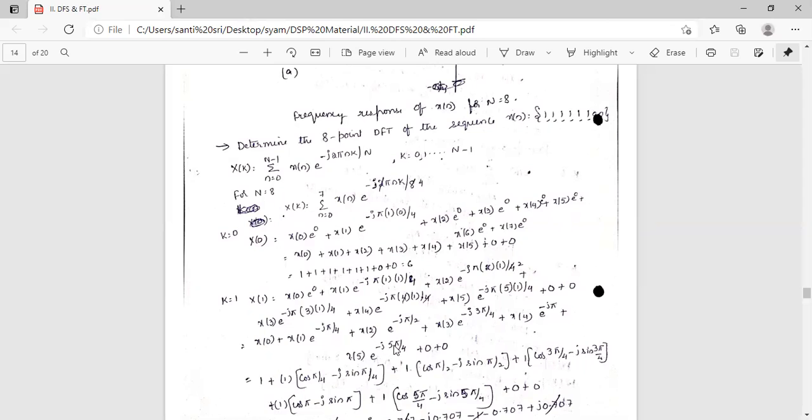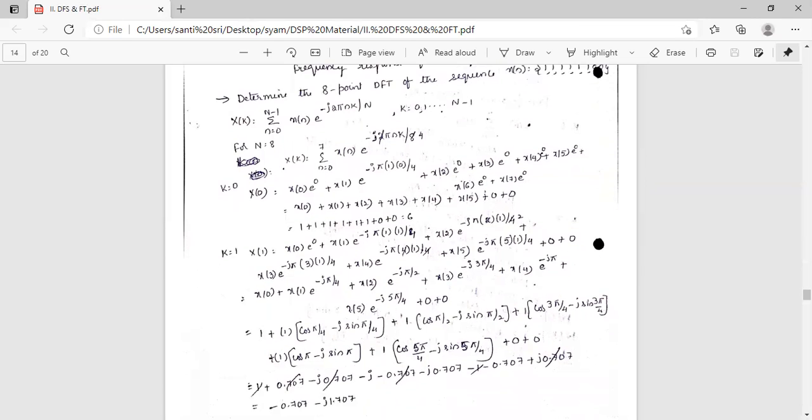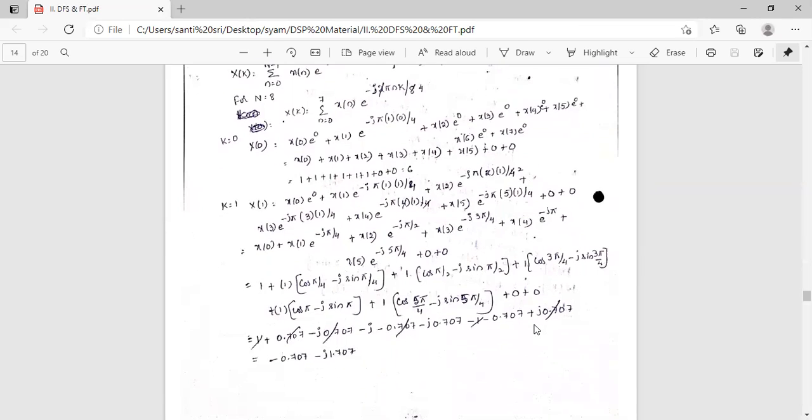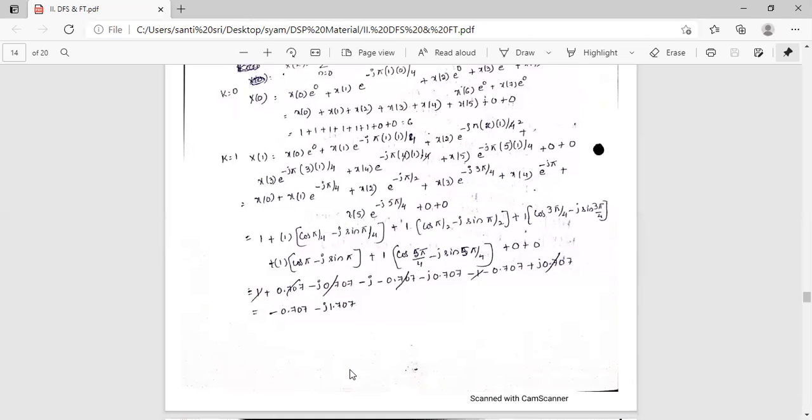E power minus j 5 pi by 4 can be written as cos 5 pi by 4 minus j sin 5 pi by 4, plus 0 plus 0. By simply substituting these values, where cos pi by 4 is 0.707 minus j 0.707, and so on, in the above expression, we will get minus 0.707 minus j 1.707. That is the value of X of 1.